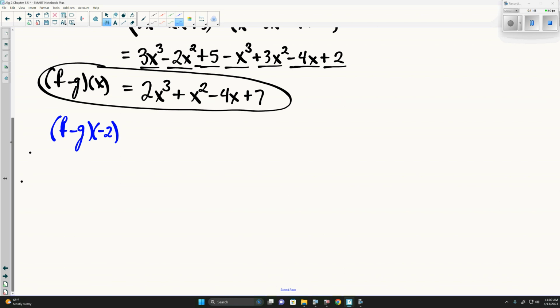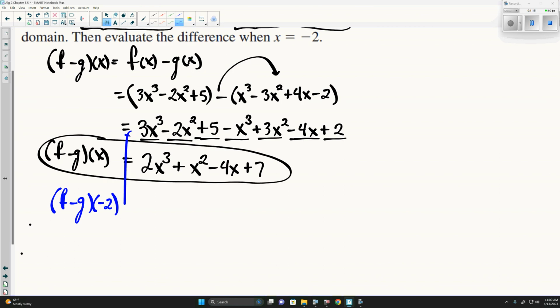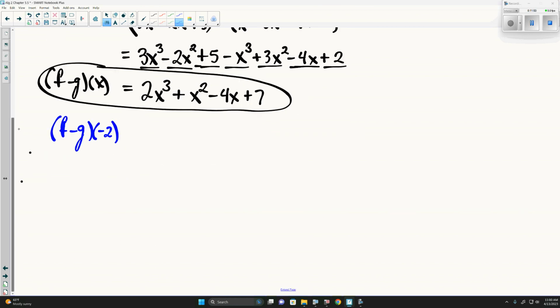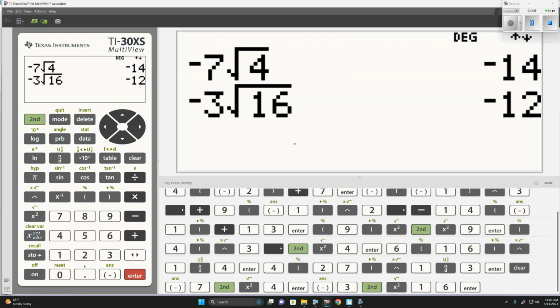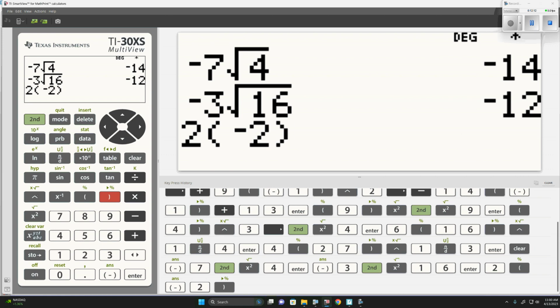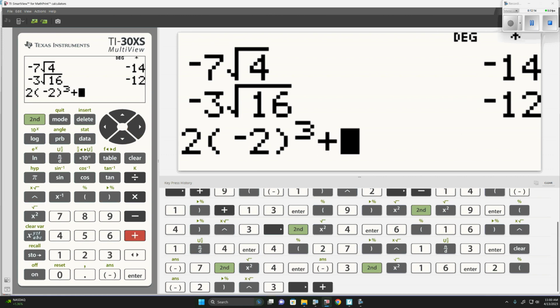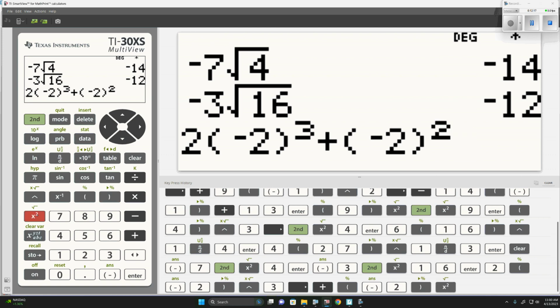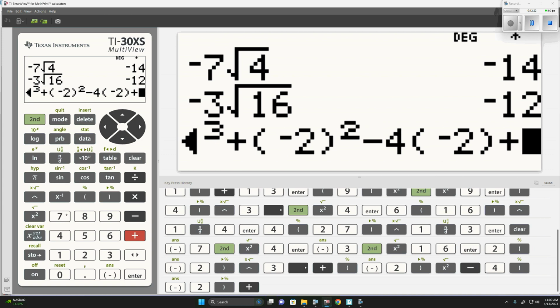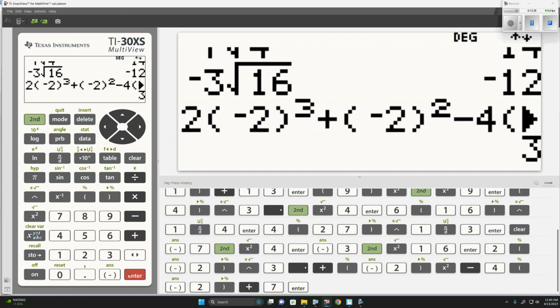Now we plug in negative 2 every place where there is an x. So I have 2 times negative 2 cubed plus negative 2 squared minus 4 times negative 2 plus 7, which is 3.